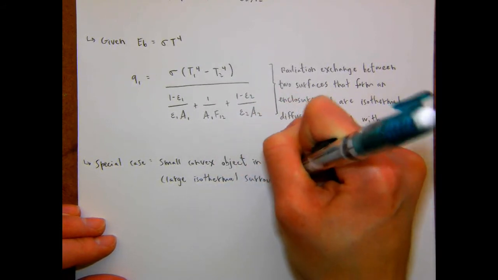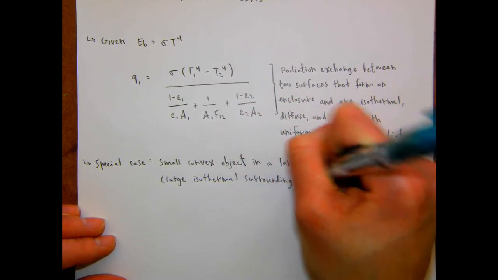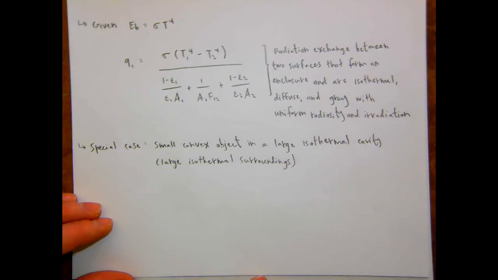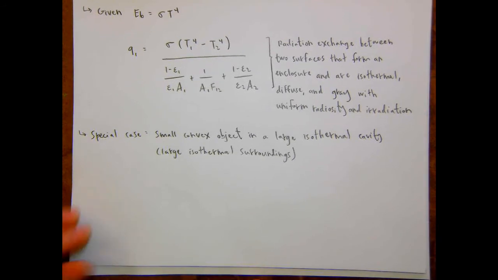So you should recognize these are the conditions that we first talked about when we were introducing radiation. And we use this equation for your second lab. If you think of the sphere hanging from the stand, small convex object, in large, generally isothermal surroundings of the room.